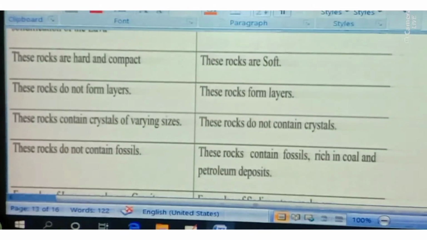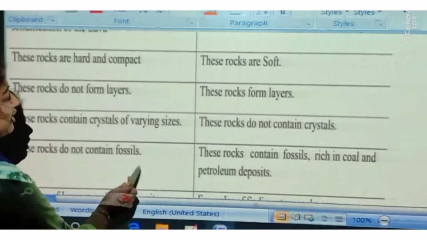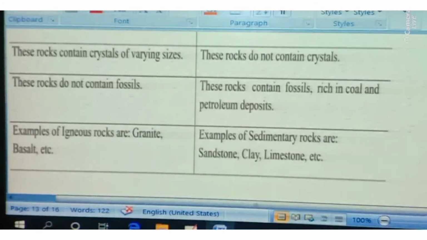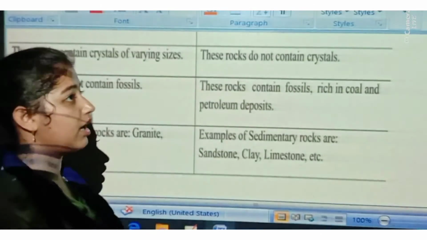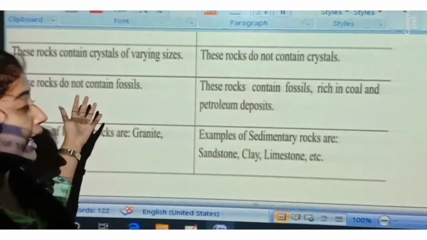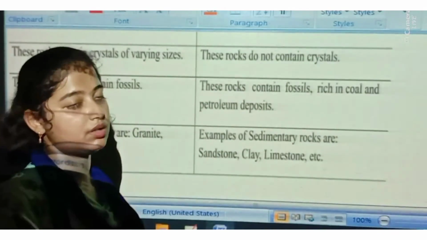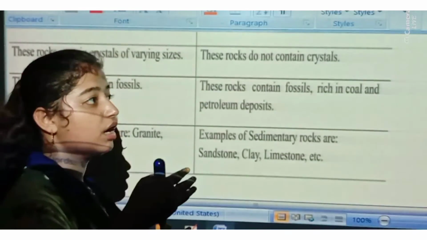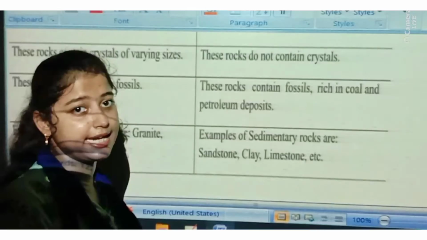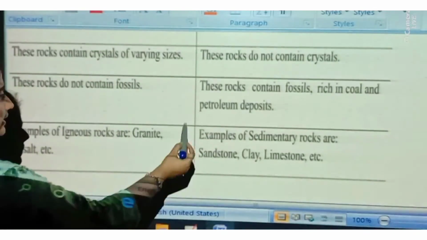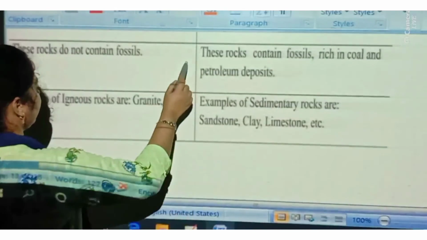Igneous rocks do not contain fossils, because when coming from hot magma to cooling, no animals or plants can get imprinted; they get burned. Sedimentary rock contains fossils, coal and petroleum deposits.